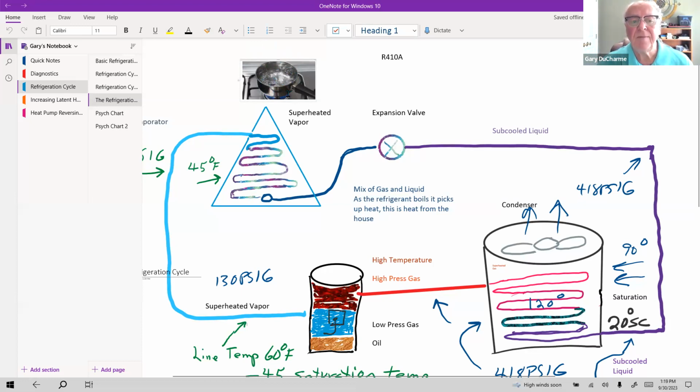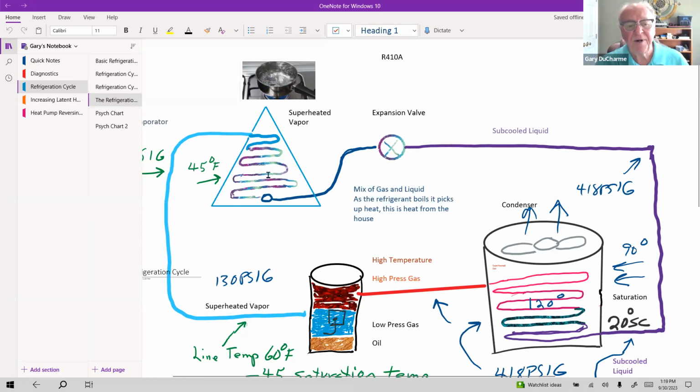So if we add more heat to this pan, into the liquid water, what happens? Does the temperature of the water increase with the heat that we add to it? No, it does not. This water will stay at 212 degrees and continue to boil until it's all gone. And then the pan might raise up in temperature, but this water will stay at 212 degrees.